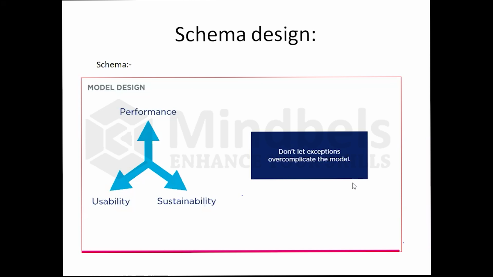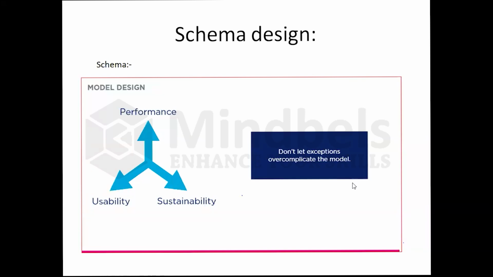So what they are saying is, just to consider that exception in your Anaplan model build, don't overcomplicate the model to handle the exception. Meaning if that exception is not that much required by the client, and it can be handled offline also, then keep it offline. Don't make your Anaplan model too complex just to handle the exception.